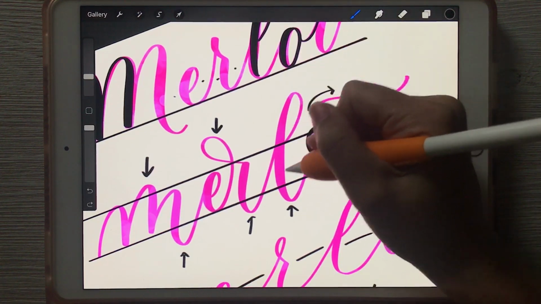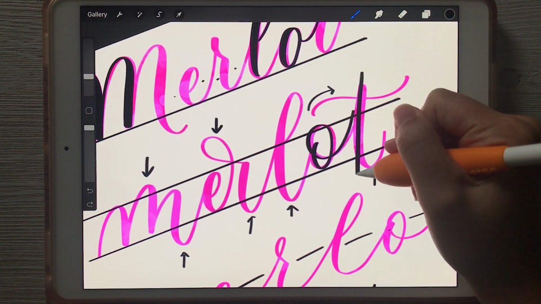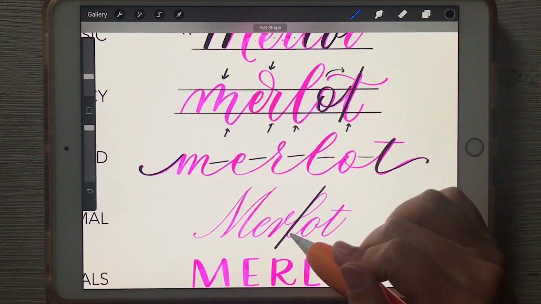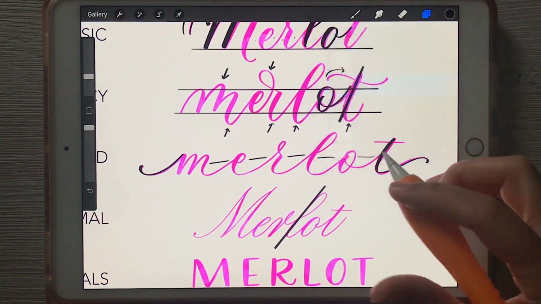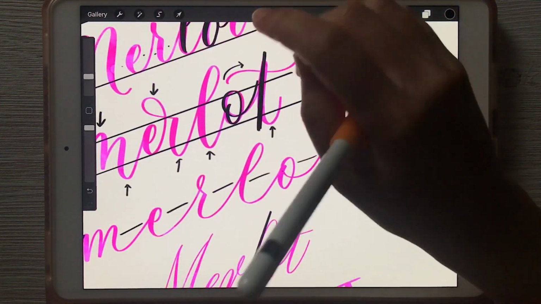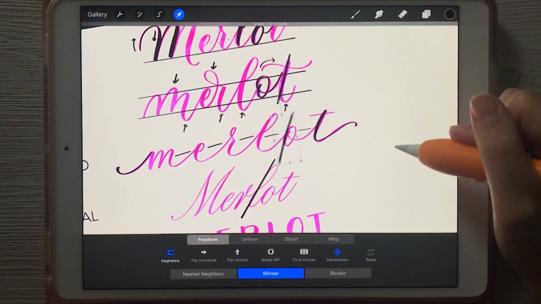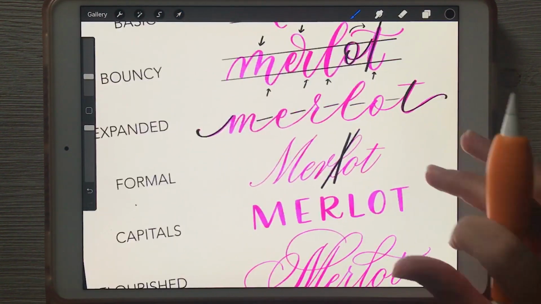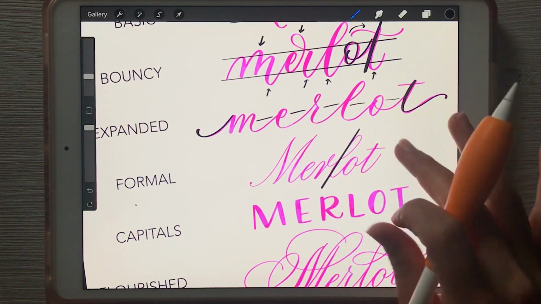Like if I trace this main part of the T, then that is fairly upright compared to this style. So just to compare those side by side, if I trace that part of the T again, and then move that line over this angle, you can see the difference. The formal one is much more leaning over.